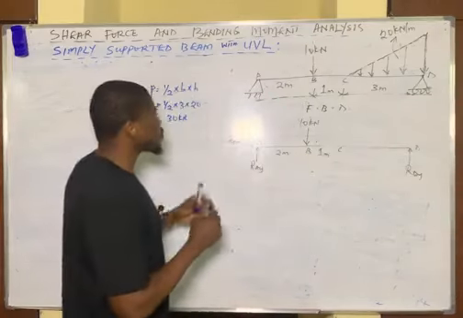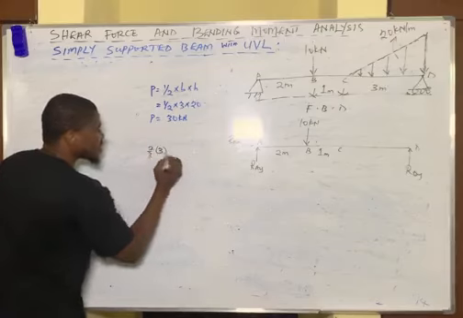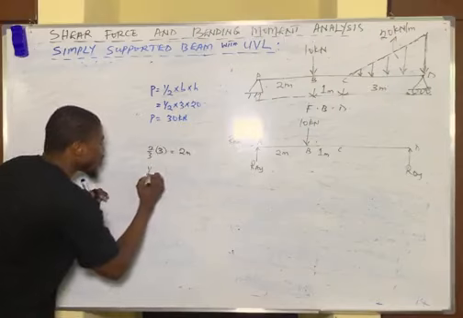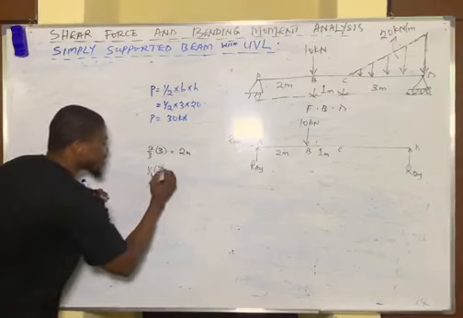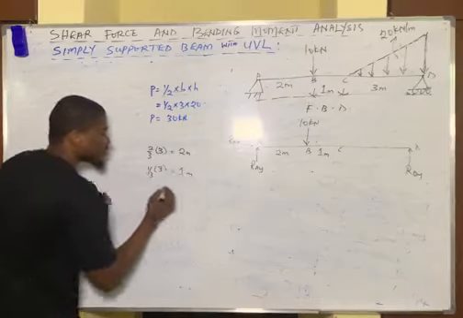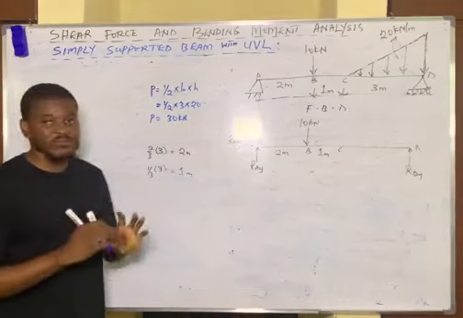So this point load will be placed at either 2 over 3 of this length, 3, and 2 over 3 of the length is going to be 2 meters from the tip, or 1 over 3 of the length, and the length is 3, from the base, and 1 over 3 times 3 will simply give us 1 meter from the base. Whichever way you go about it, any one you choose, you're going to have the same result.